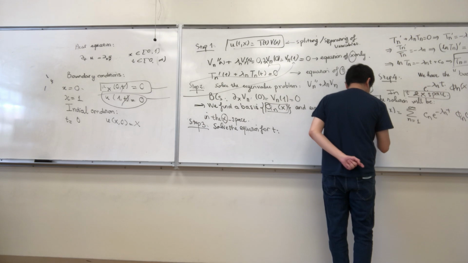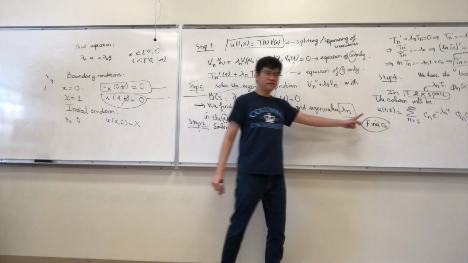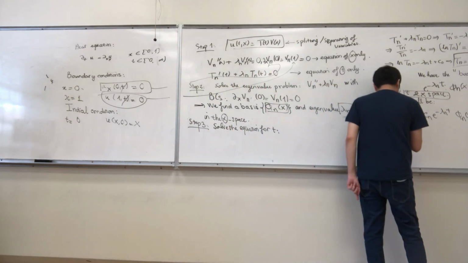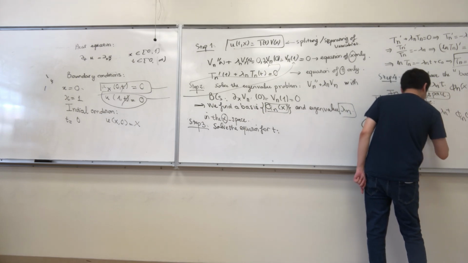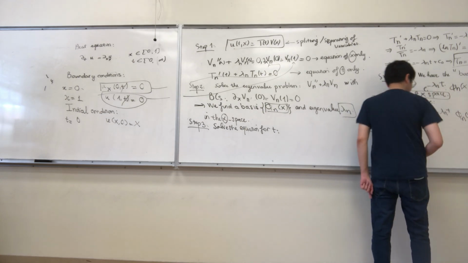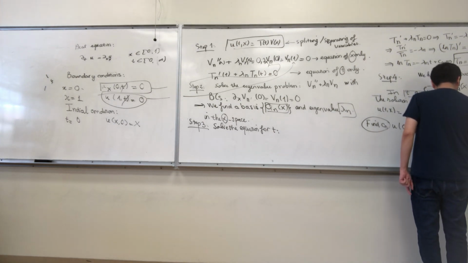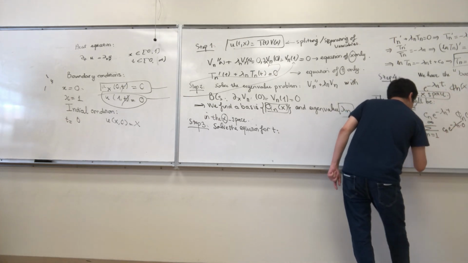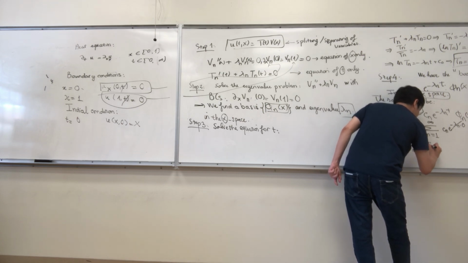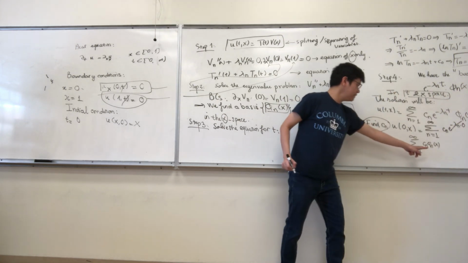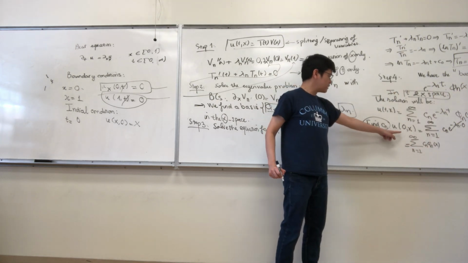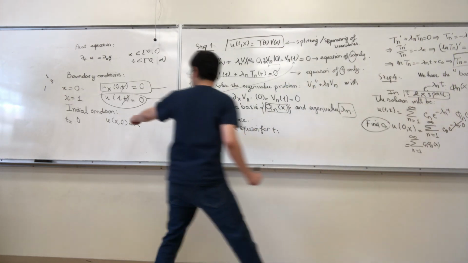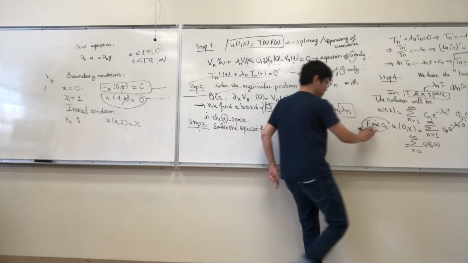To find Cn, you replace t with 0. So u(0,x) is the sum, n going from 1 to infinity, of Cn e to the power minus lambda n 0 Vn(x), which is the sum of Cn Vn(x). So Cn is the coefficient of u0(x), which is x, in the new space.